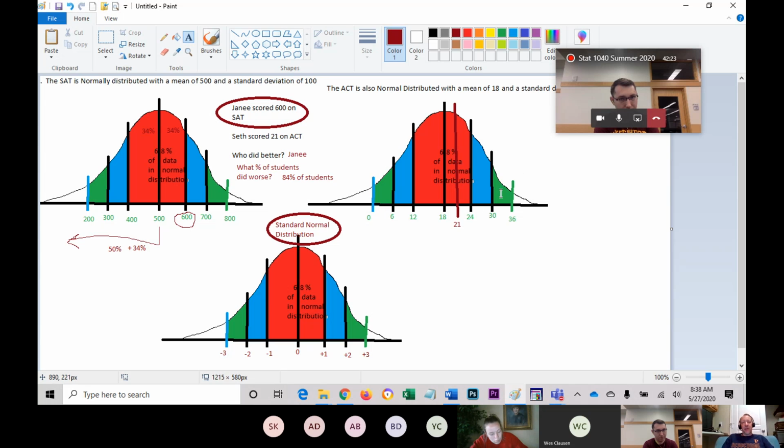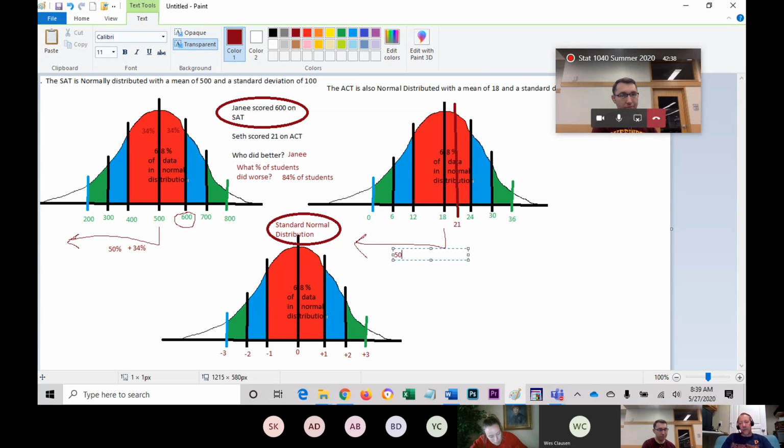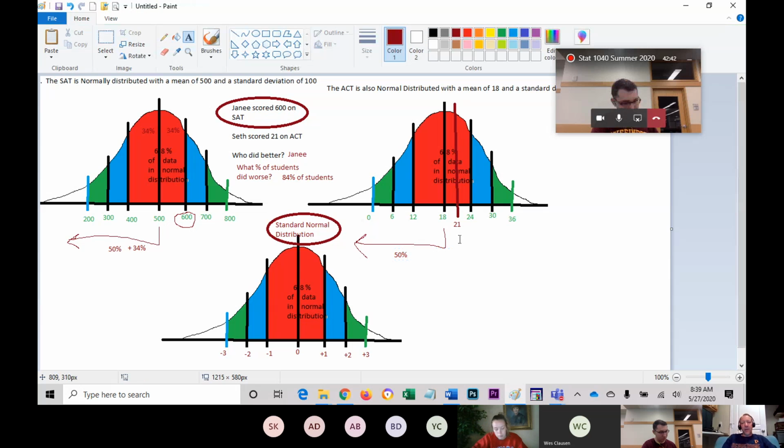So the idea here is, Seth probably wants to know how much better he did. Now we do know the same thing with Seth in this case, in that we know that from here over, that represents 50%. Now the question is, what's the difference between 21 and 18?